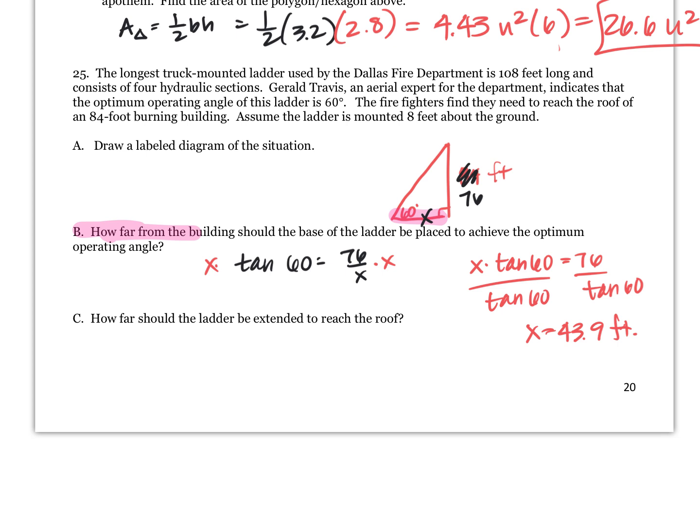And then if it says how far should the ladder be extended, which side of my triangle am I looking for? Hypotenuse. I'm looking for this hypotenuse. I'm just going to label it Y. So, SOH, CAH, or TOA? Yeah, the SOH. Sine of my angle.